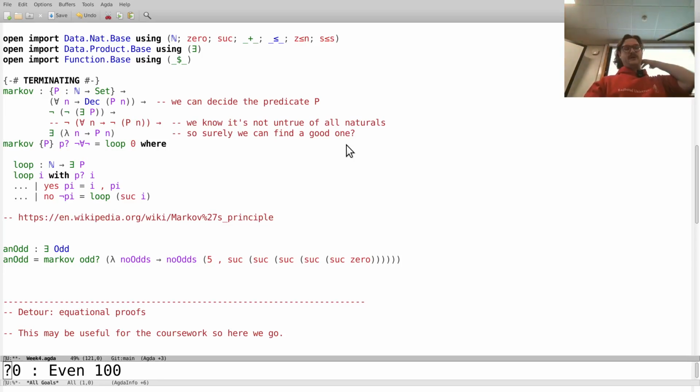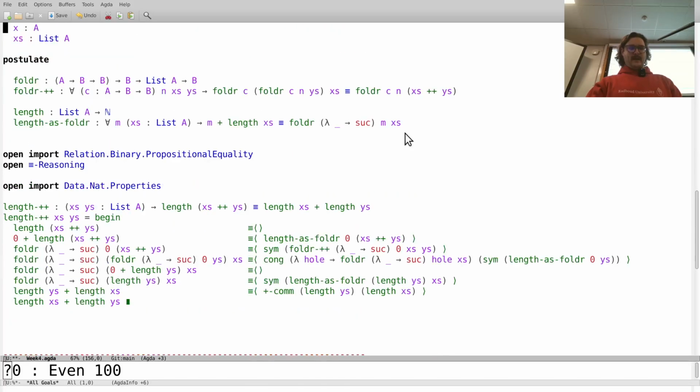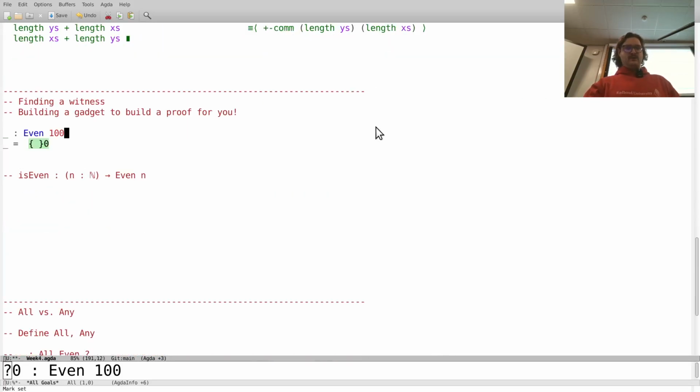So sometimes we can reach for things that are just beyond what Agda offers us, as long as there's a computational meaning associated to these principles. And then the thing I wanted to look at: we saw this proof system for what it means to be even.